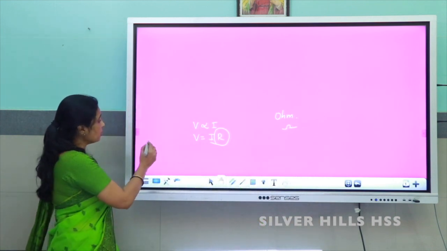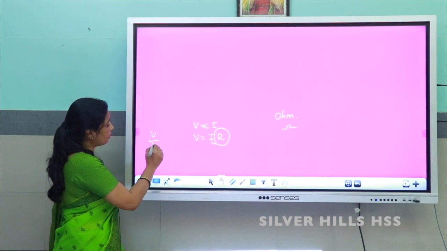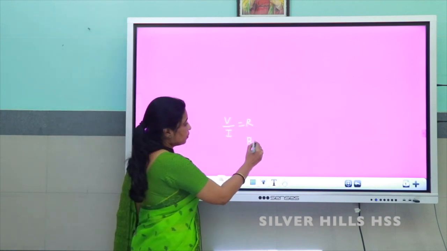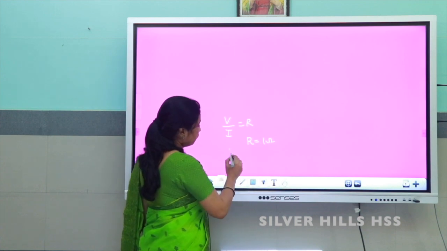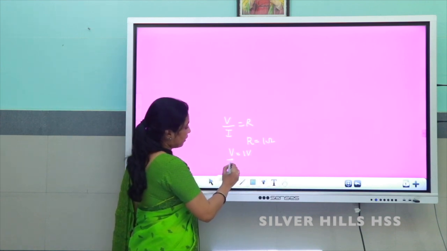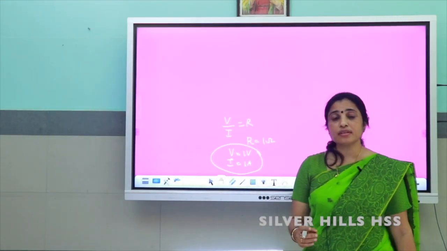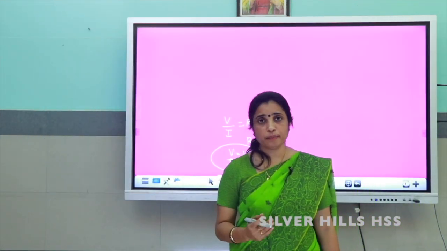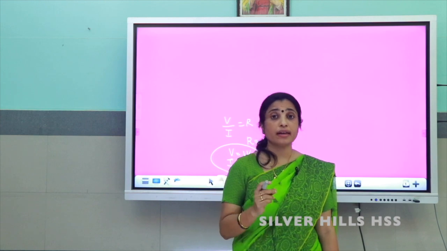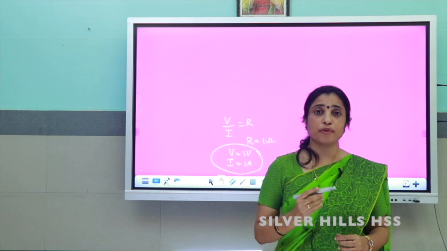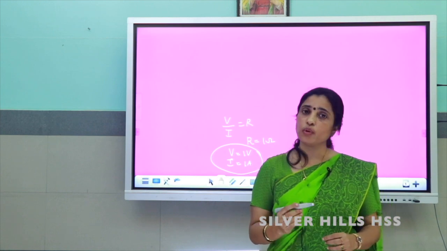From this equation we know that V by I is equal to R. Resistance will be equal to 1 ohm if V is equal to 1 volt and I is equal to 1 ampere. So the resistance of a conductor is 1 ohm if a current of 1 ampere flows through a conductor on applying a potential difference of 1 volt.